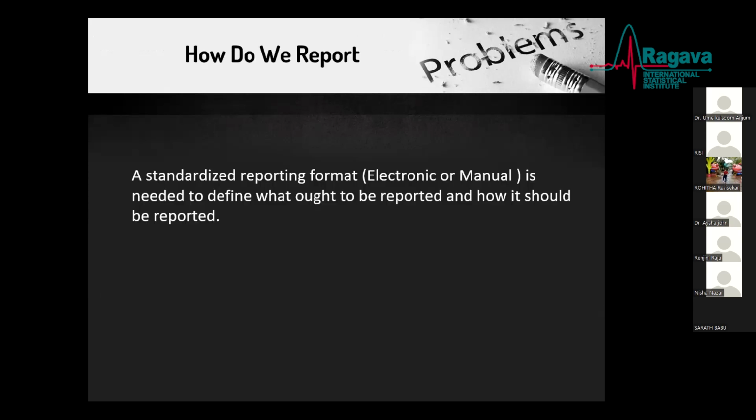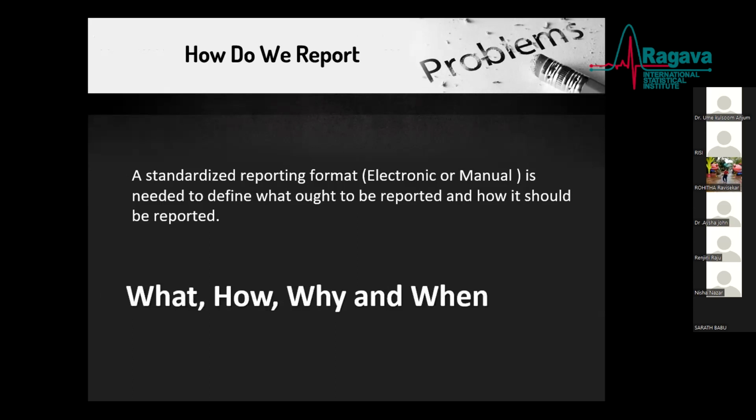How do we report? Well, a standardized reporting format, either electronic or manual, is needed to define what ought to be reported and how it should be reported. And usually we report what, how, why, and when. What happened, how did it happen, why did it happen, and when did it happen? So we concentrate on this major information.